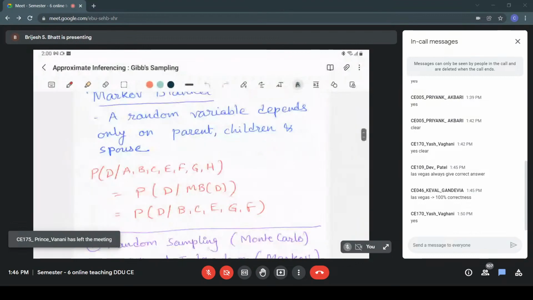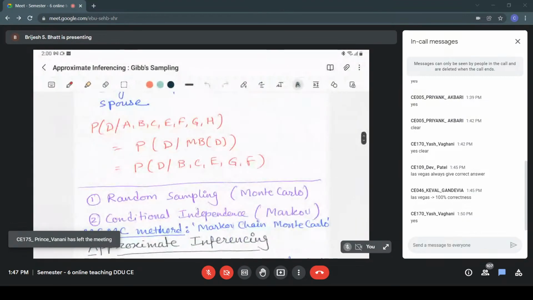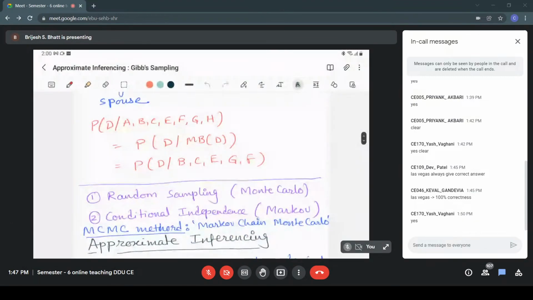Okay. So now we did two things. One is Monte Carlo, that is randomization. Second, we made an assumption about conditional independence, which is the Markov property. So the kind of algorithm that we are going to discuss now, Gibbs sampling, fits in a broad general category of algorithms called MCMC.